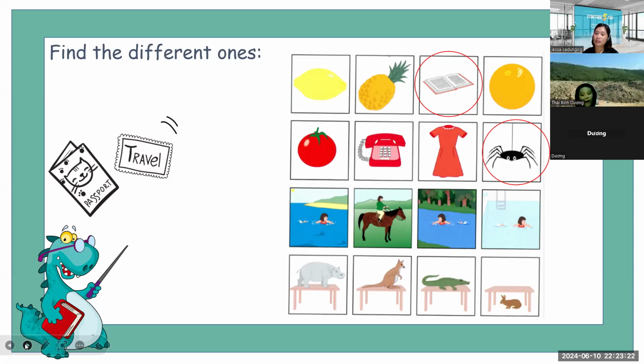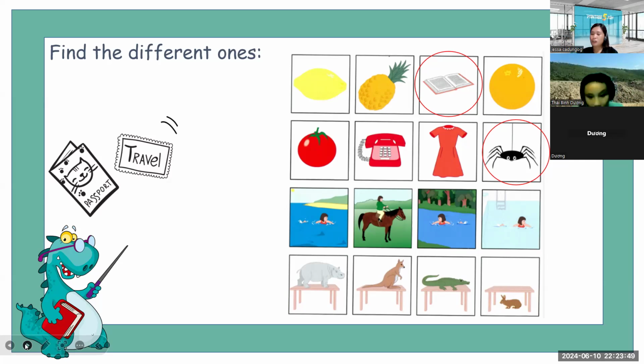It's not red, okay? Because the tomato, telephone, and dress are color red, while the spider isn't red. Its color, what's the color again? It's black. Very good. Okay, great work.